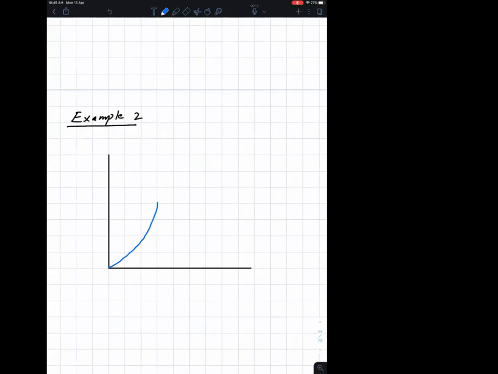I'm drawing this in blue. Call this curve part 1.